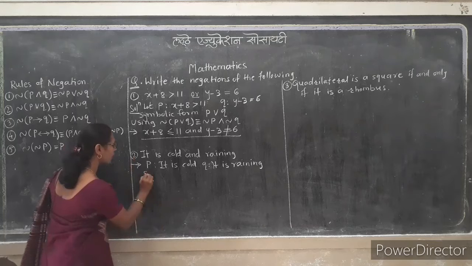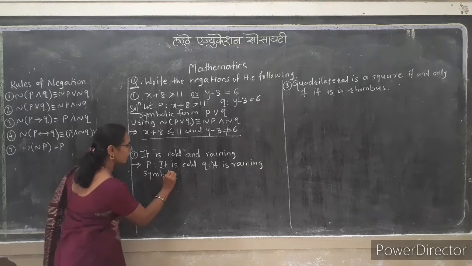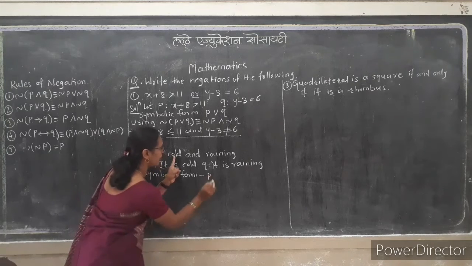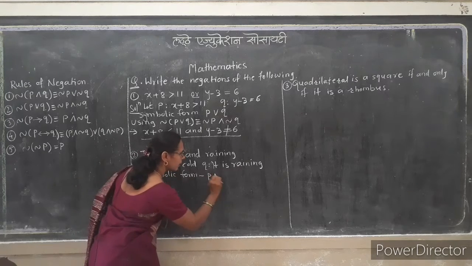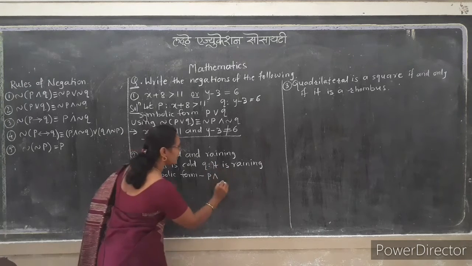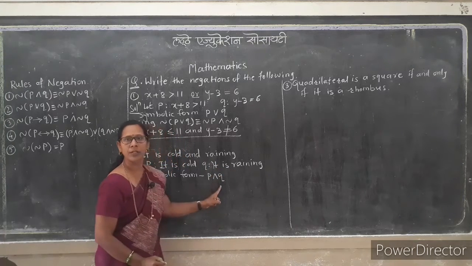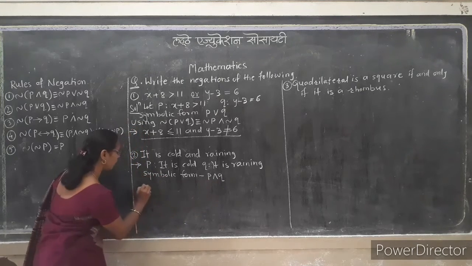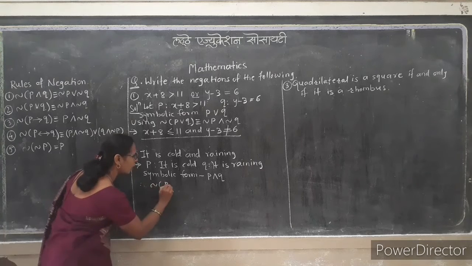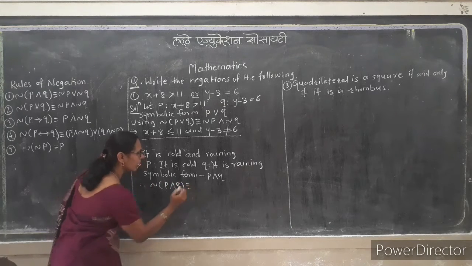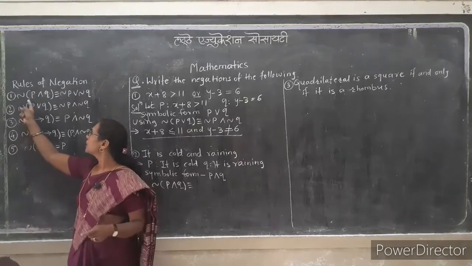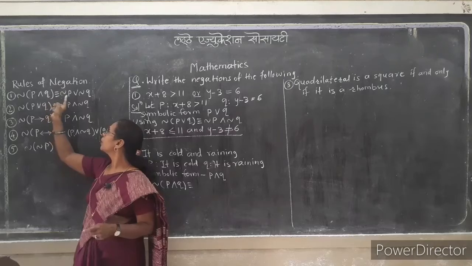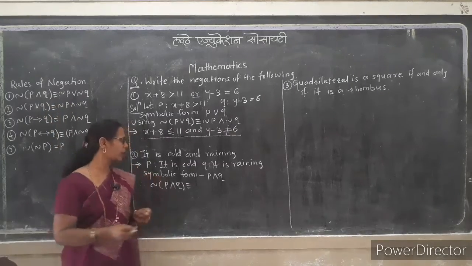Therefore, our given symbolic form is: it is cold, P, and is denoted by conjunction, it is raining, that is P conjunction Q. Now we find its negation. We know that negation of P conjunction Q is logically equivalent to negation P disjunction negation Q.